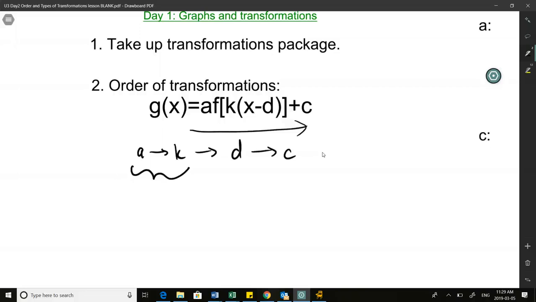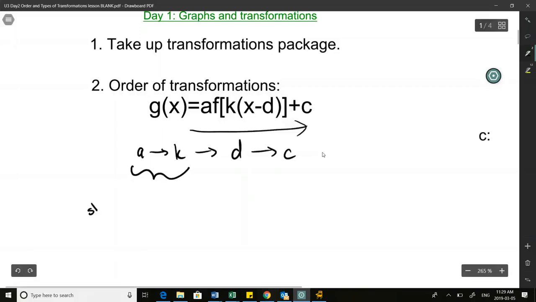They're shifts. Part of the reason that we do that is because, do you guys notice that A is being multiplied here and K is being multiplied? I want to do multiplications first, whereas D and C are being added and subtracted. So I want to do multiplications before I do additions and subtractions. That's BEDMAS, right? So that's why we have a specific order to transformations.